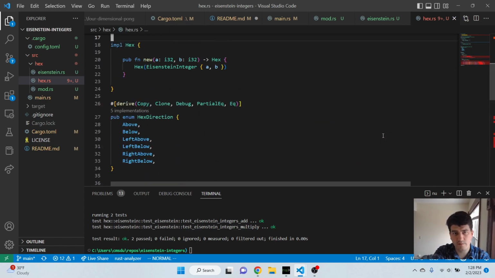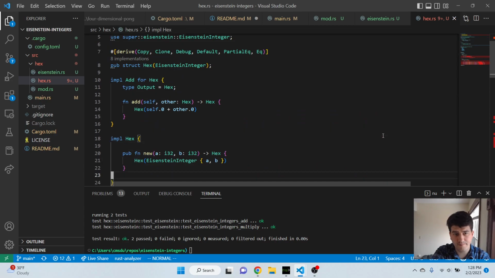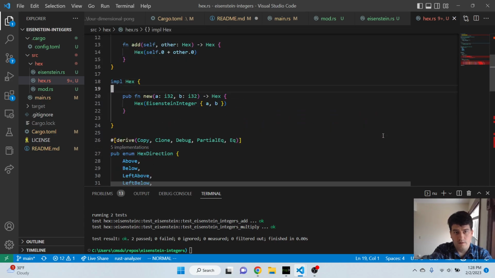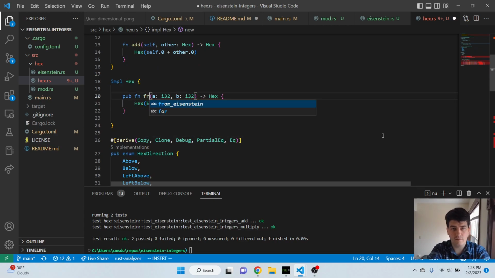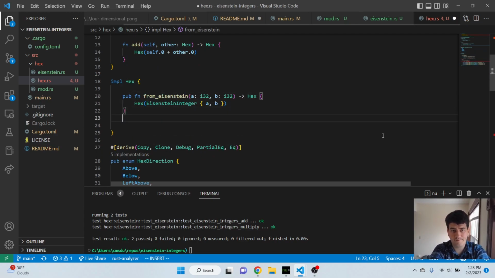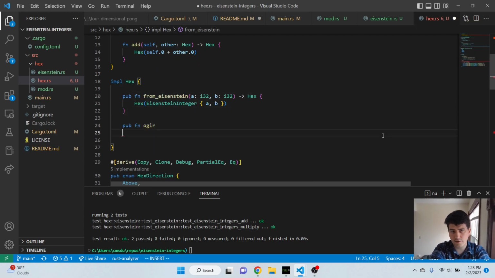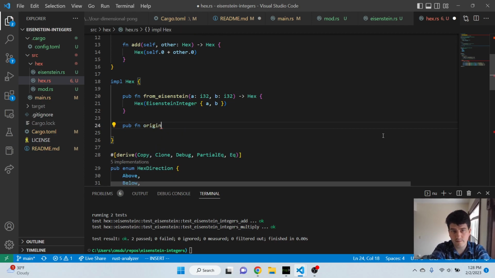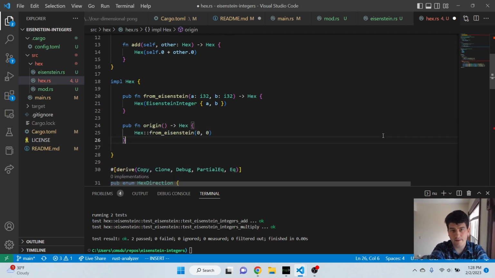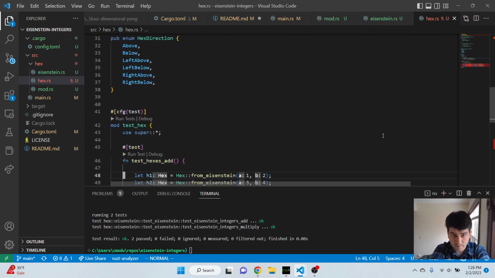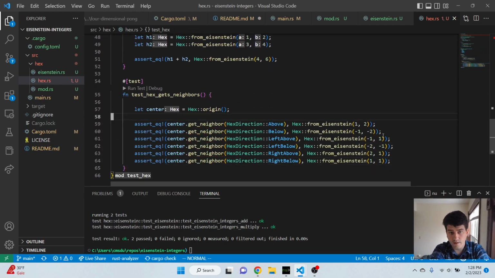We need origin, and we need from Eisenstein. Okay, so from Eisenstein it's easy. Function origin. Oops. Origin. Good. And get neighbor.